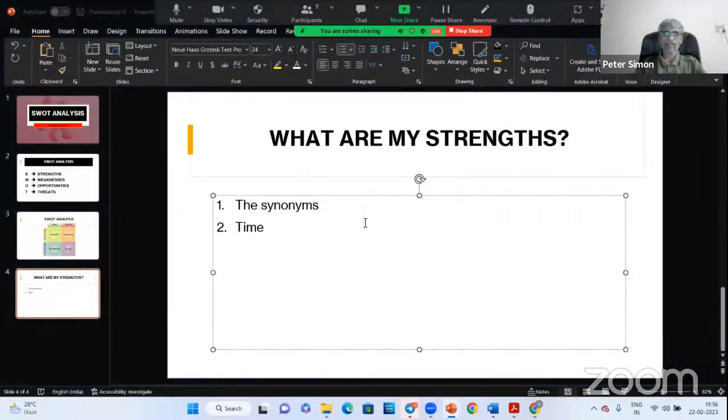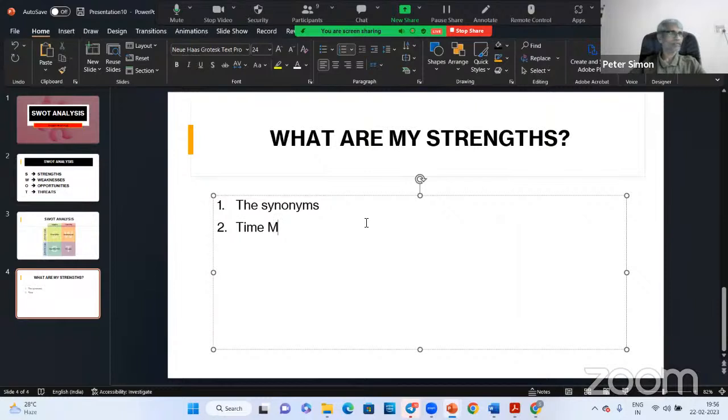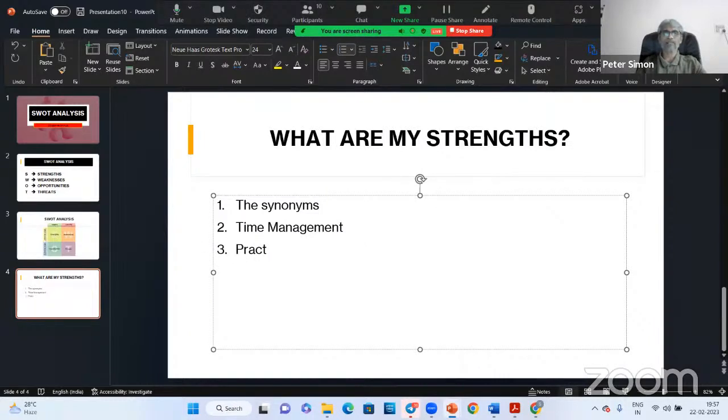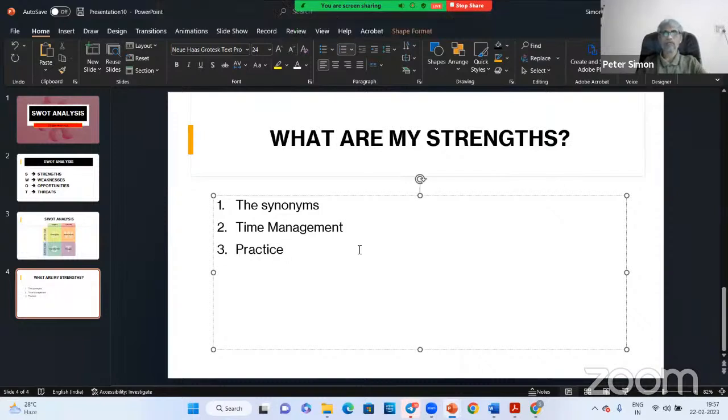Okay, you can say time management. Is it regarding time management? Some people do a lot of practice. Excellent practice. Okay, so you can say you do a lot of practice. Or you can say you have fluency.